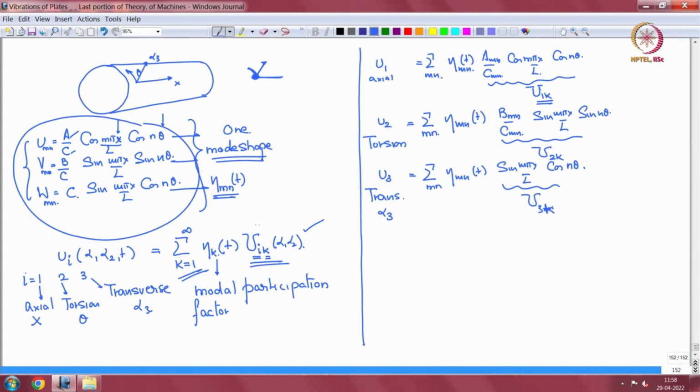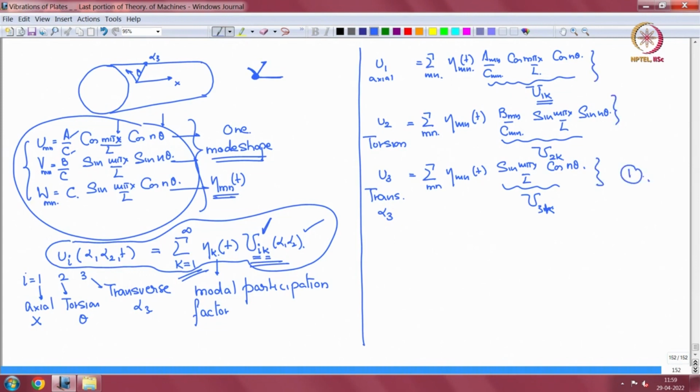Okay, that is the meaning of this single expression here. So u_ik is the ith component of the kth mode shape. Okay, so u_1k, u_2k, u_3k together form one mode shape. Hence the same participation factor in the three directions.